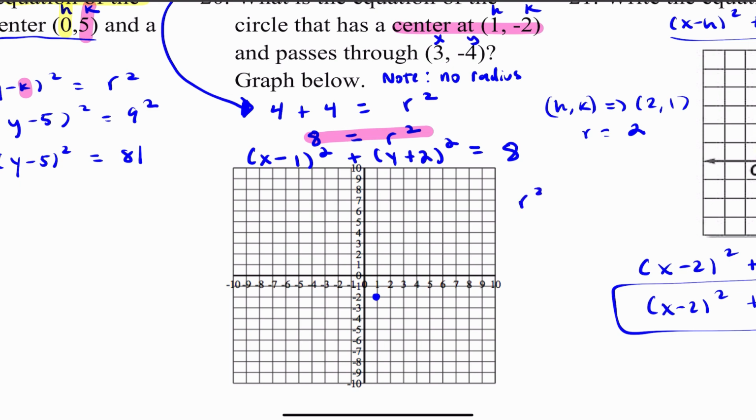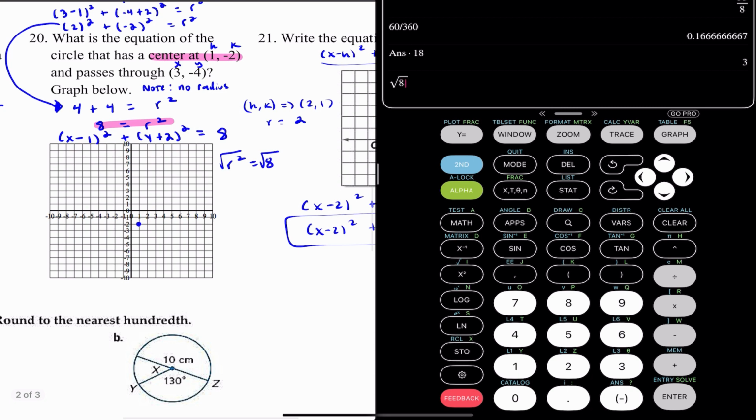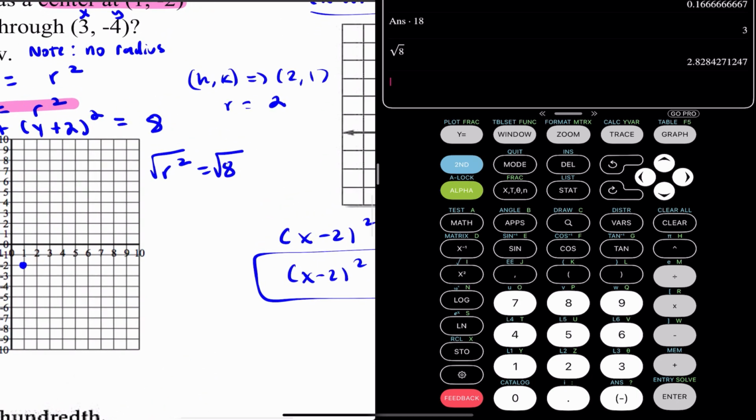But we know that r squared is equal to 8, and if I were to take the square root on both sides, well, let's go ahead and get my calculator out. The square root of 8 is approximately 2.8. So r is approximately 2.8.